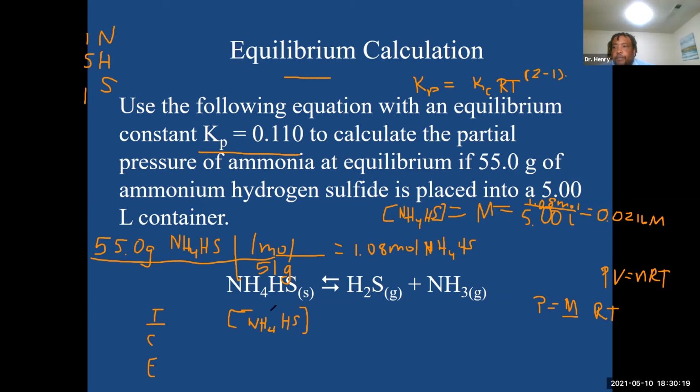So for kicks and giggles, temperature is going to be 295 Kelvin. And so we could actually just change this to pressure, save us time, because we want everything in partial pressure anyway, rather than having to change it to Kc.